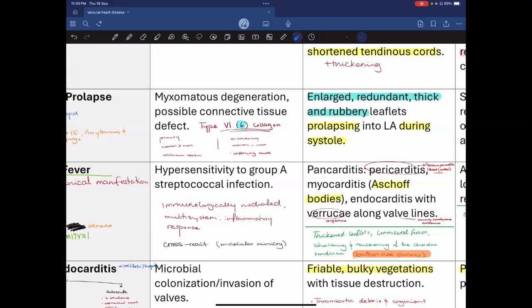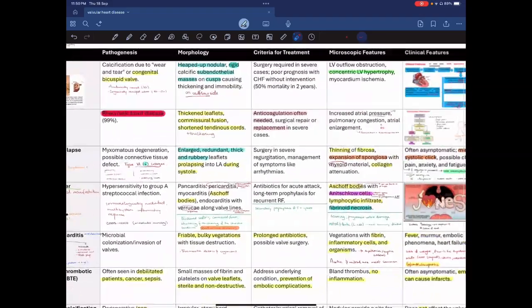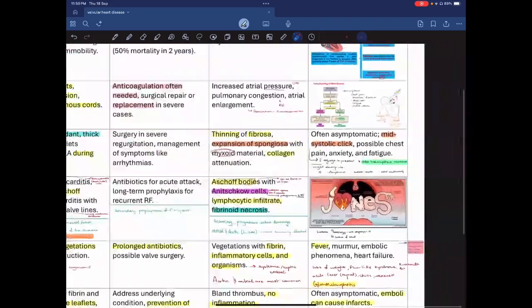You will ask the parents, because most of the patients here are in the pediatric age, about the history. The parents might tell you, oh, he was having a throat infection. So I know that the patient could now suffer from acute rheumatic fever.